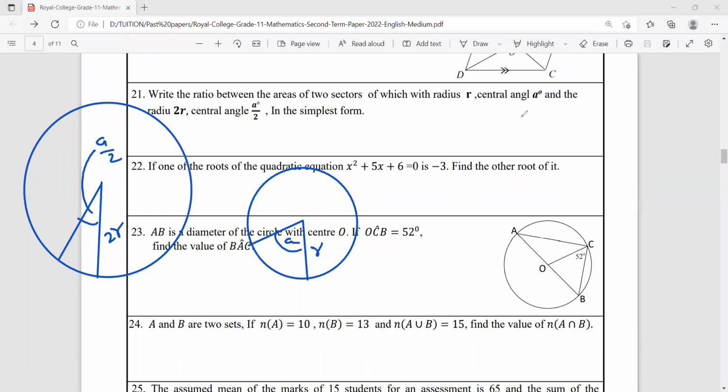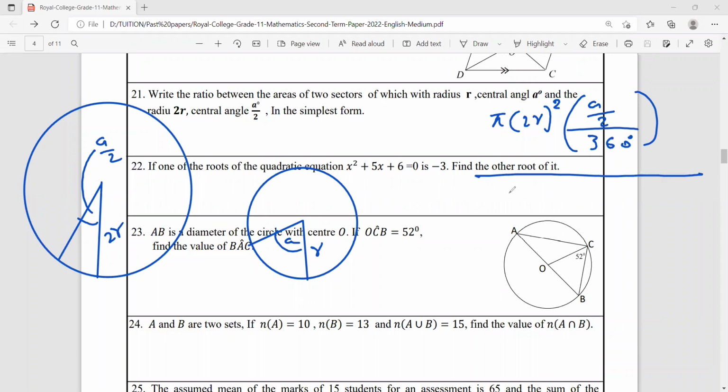So we'll take the first one above. So the ratio is like this. You know, the area is pi r squared, right? So here r is 2r, pi (2r) squared, and you have to take A divided by 2 out of 360. And for the other one, pi r squared A divided by 360.